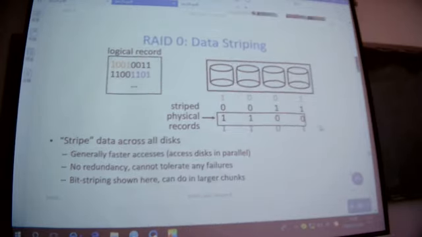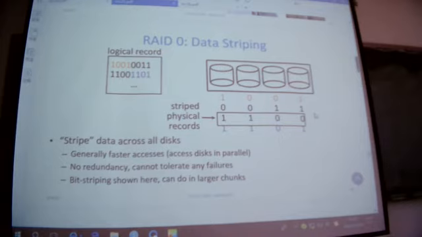So RAID has several levels. RAID 0 is the simple RAID. RAID 0 is data striping. You can see data streamed across all disks. Generally faster accesses. No redundancy.